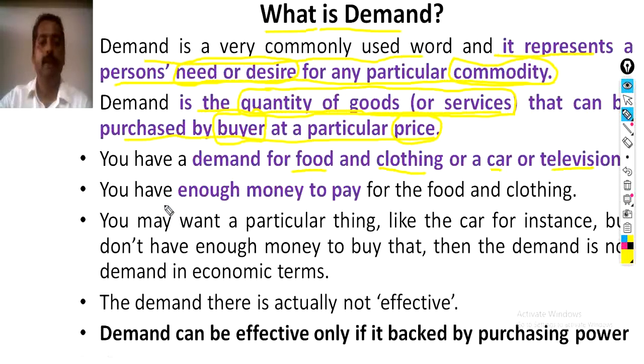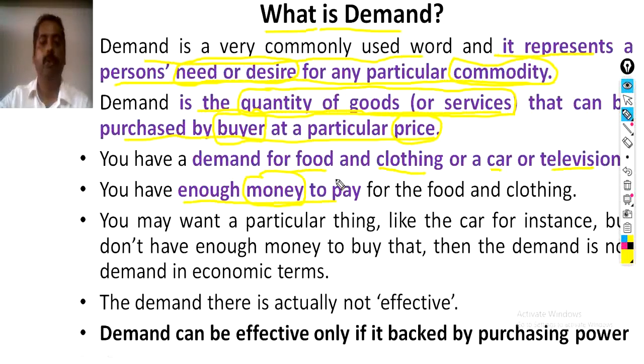Now the next point is about money. If we have enough money in our pocket, then we will be able to pay for purchasing particular goods or services. Suppose we go to the market and we want to purchase a mobile. There are different varieties of mobile.